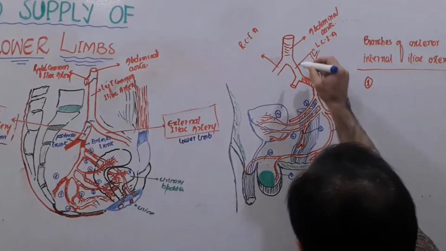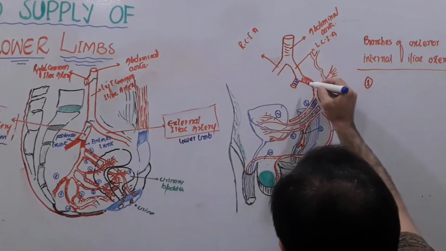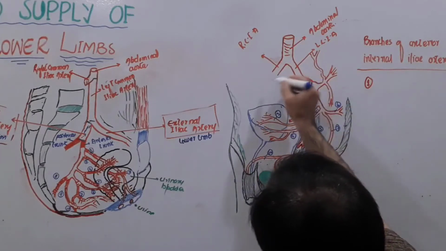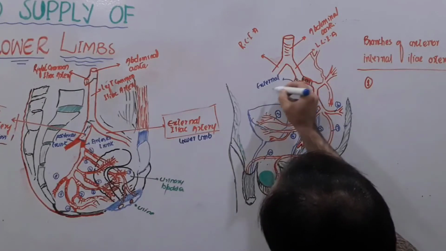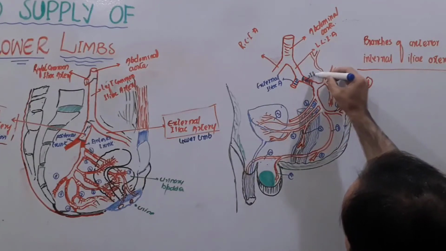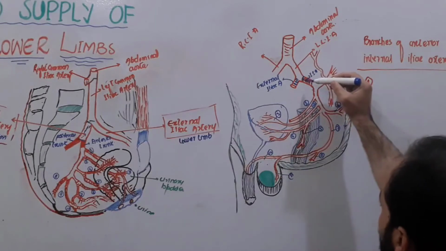This common iliac artery gives off the external iliac artery and the internal iliac artery. So this will be our external iliac artery, and this one is our internal iliac artery. I have recorded about them. You can watch those lectures.